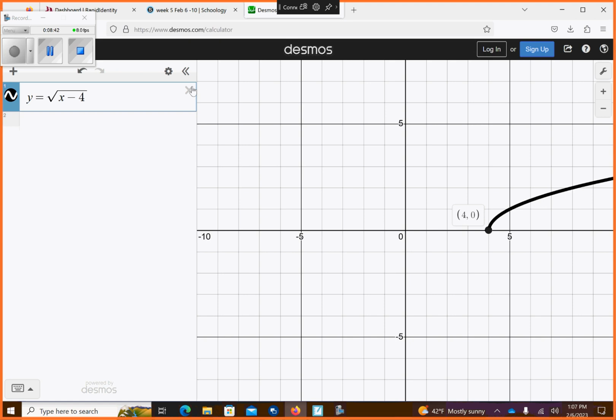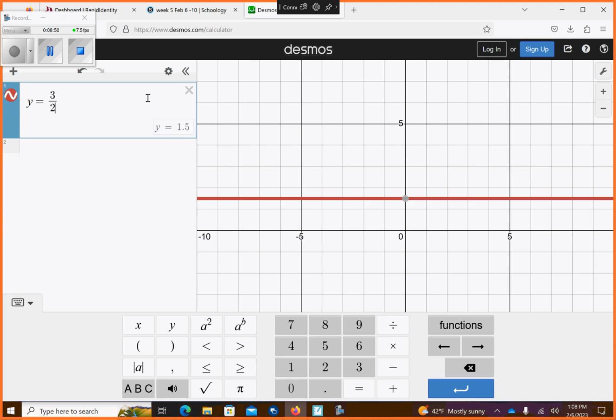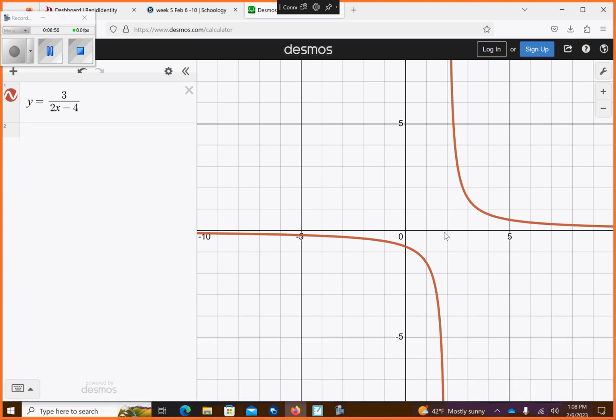And then letter B says y equals 3 divided by 2x minus 4. Just make sure everything stays in the denominator. So this line right here, number 2 basically, if I plug 2 into the equation, 2 is going to be what makes the denominator 0.